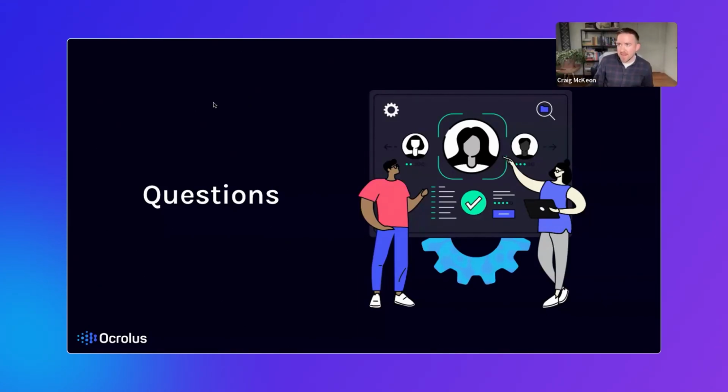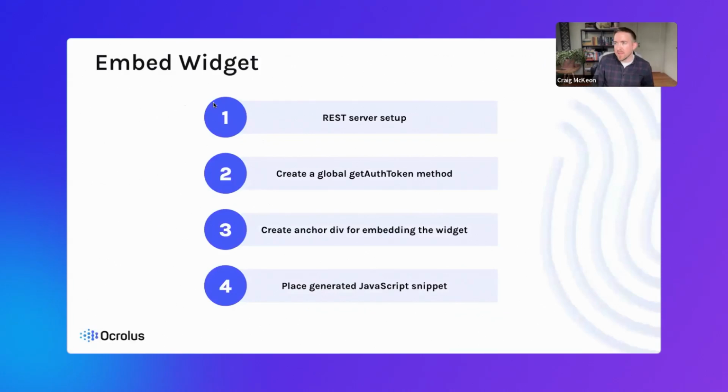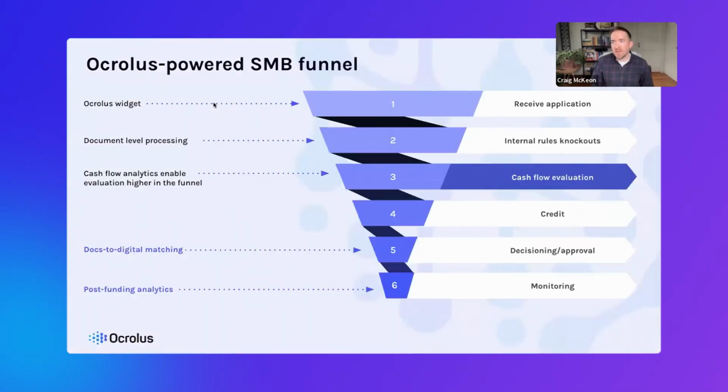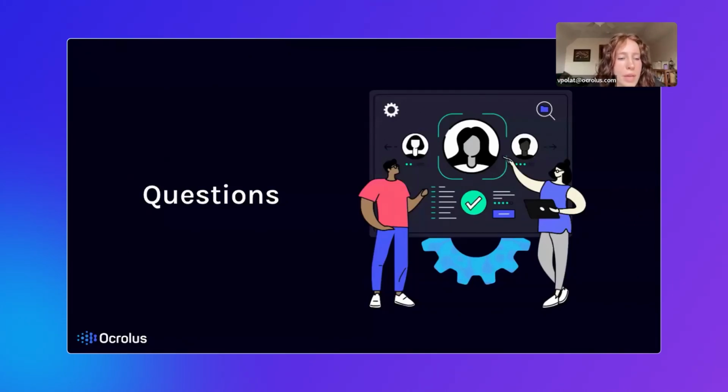So back in the front where our funnel is, the widget, first and foremost, is where we want to use that for your top of the funnel, receiving an application that can go into your cash flow evaluation. So spot on, that is the very first use case before getting into any other kind of transaction matching or post-funding transaction analytics.